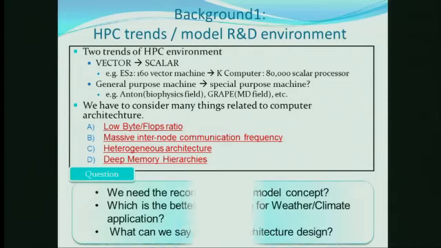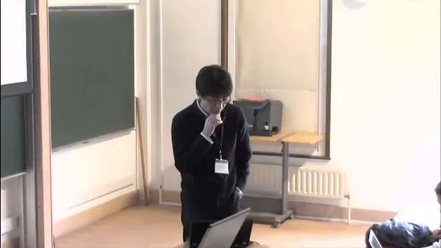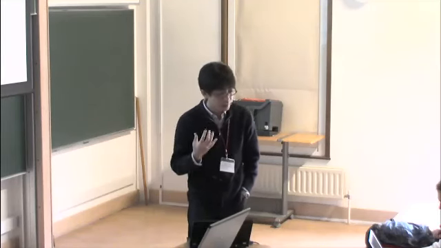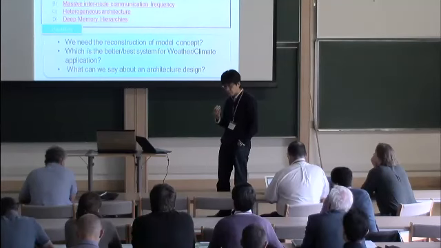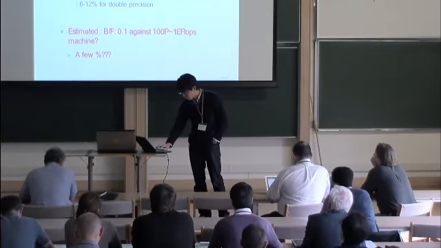So the question is here: do we need a reconstruction of the model concept or not? Also we have to consider which is the best or better system for weather and climate applications. And one more thing, I want to ask what we can say about architecture design to the computer science people.